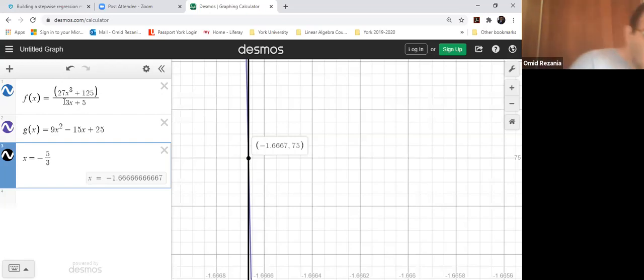It means like what? Imagine that the point x equal to minus 5 divided by 3 is a tumor in the brain of that function. It means that the function f of x is sick and it has a cancer tumor in its brain, and that is minus 5 over 3.